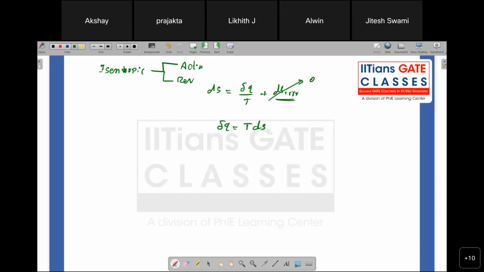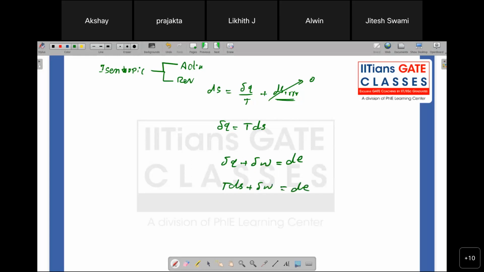Now I have my first law of thermodynamics that states delta q plus delta w is equal to dE, or I can replace this equally with TdS plus delta W is equal to dE.